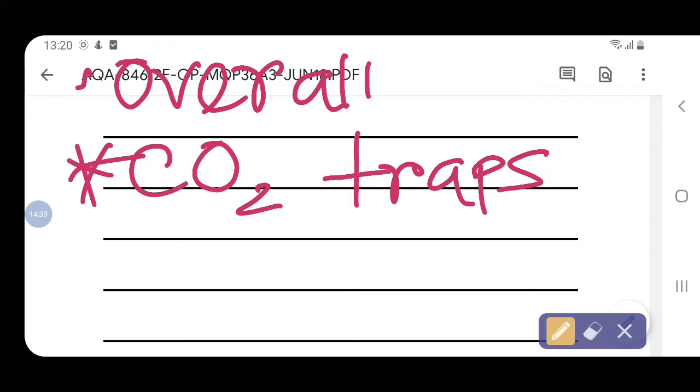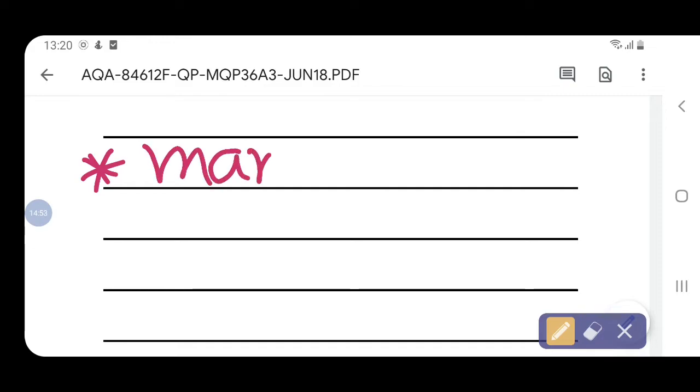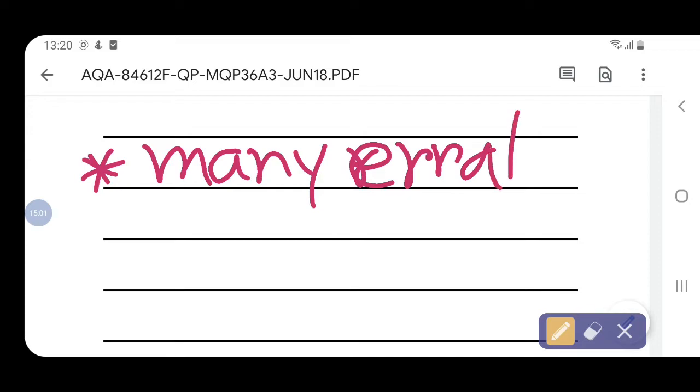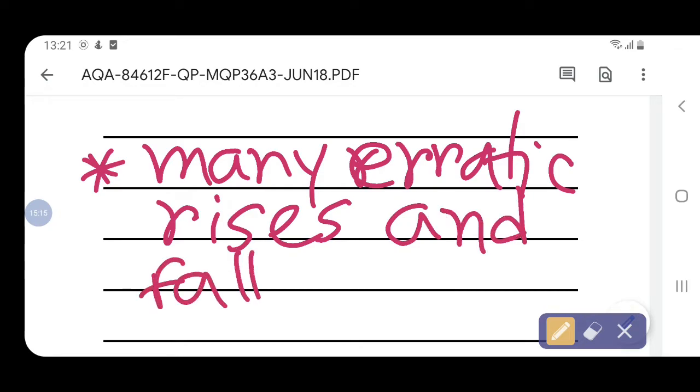So this is for the theory. And if you write against the theory, you can write many erratic rises and falls in temperature.